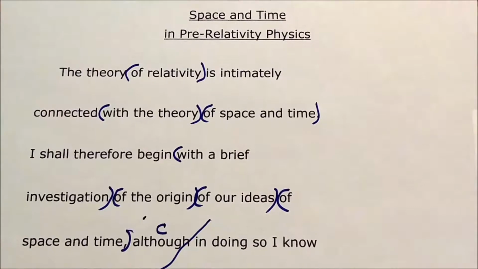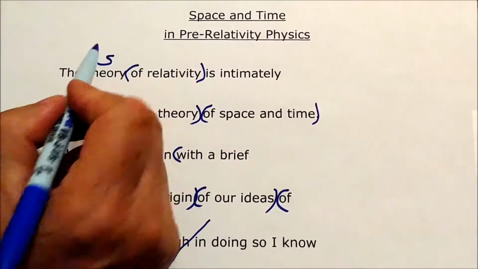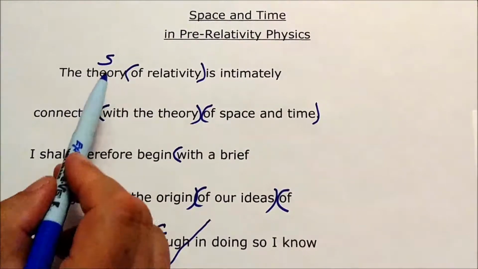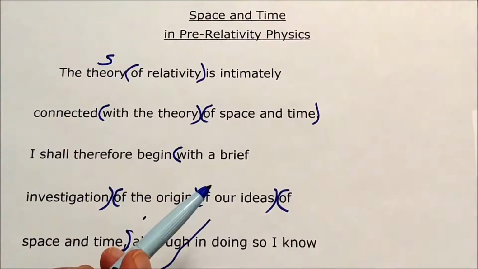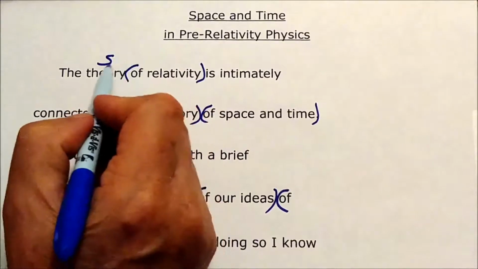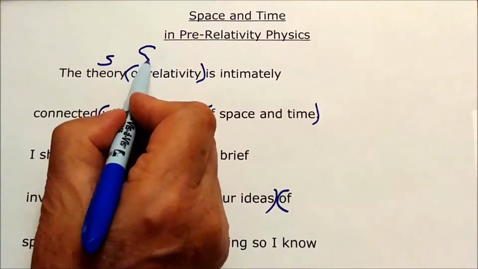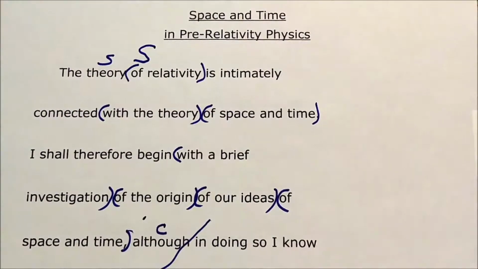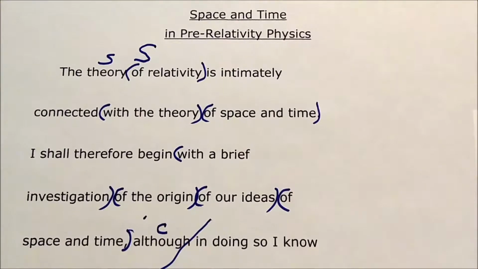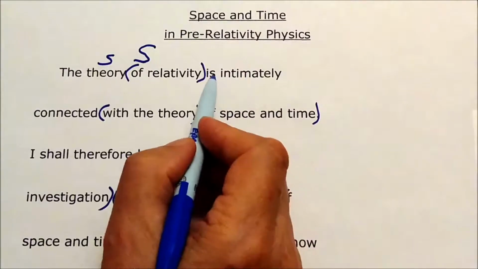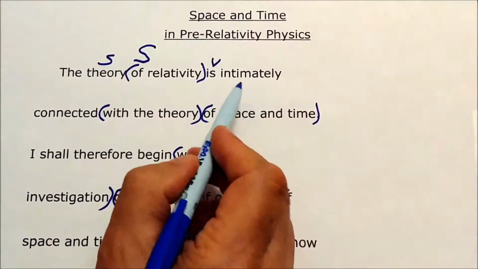Now let's see if we can find our subject here. Technically, the subject is theory, but in fact, theory of relativity is the name of an idea or the name of a concept. So actually, we could probably call the whole thing a giant subject, theory of relativity. Depends on how specific you want to be. Is there a verb? Yes, is a verb.